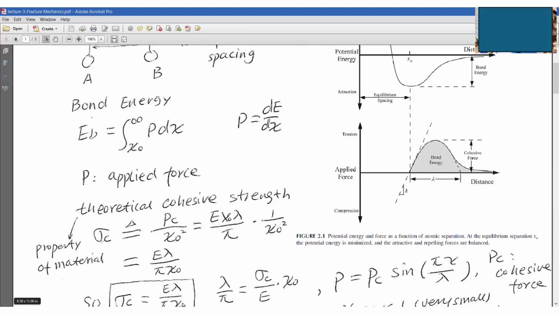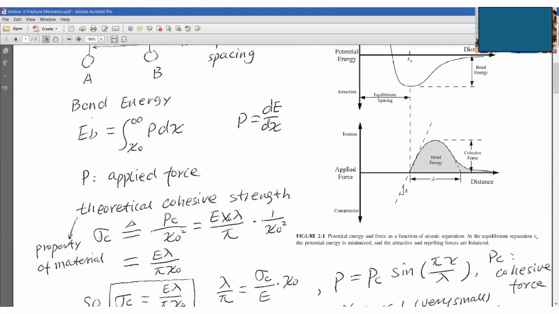So sigma C is defined as PC, which is called the cohesive force, divided by the equilibrium spacing x0 squared. So PC equals E x0 lambda over pi, multiplied by 1 over x0 squared. So we just plug this PC into this equation.